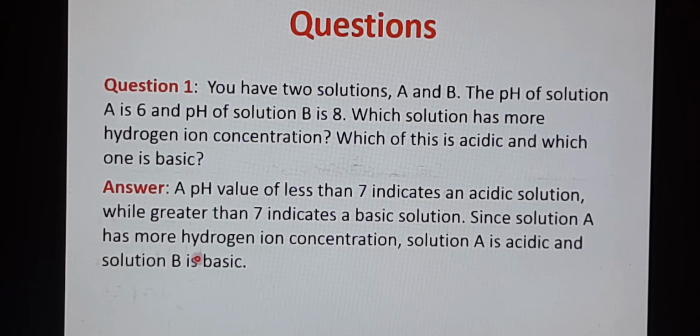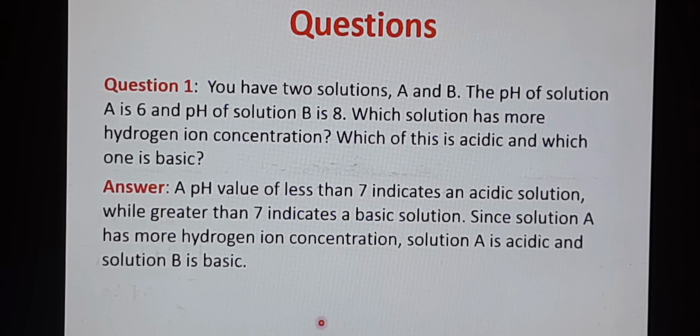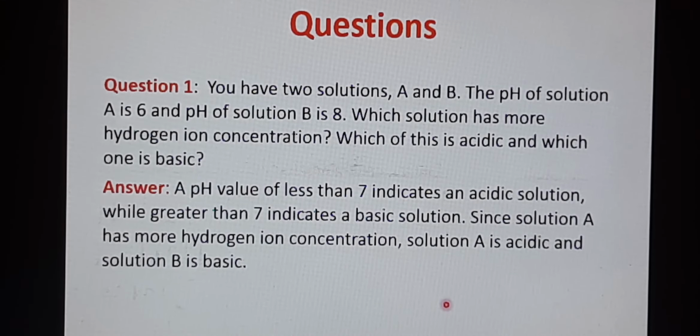A pH value less than 7 indicates an acidic solution, while greater than 7 indicates a basic solution. Solution A has more hydrogen ion concentration because it is acidic. The acidic character of acids is due to H positive ions, so it will have more hydrogen ion concentration. Let's move to the next question.